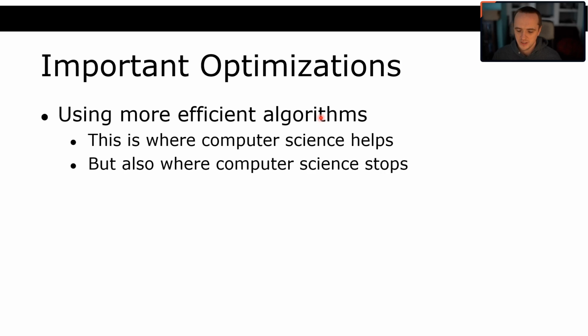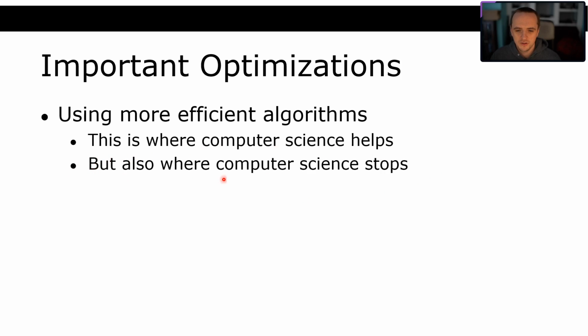So again, you're almost at the end of your computer science degrees, and probably what you've realized by now is that a computer science degree is not a programming degree. It is not a software engineering degree. Computer science is, despite what people think, more mathematics than it is programming, okay? So using more efficient algorithms is where computer science really helps you, theoretically.